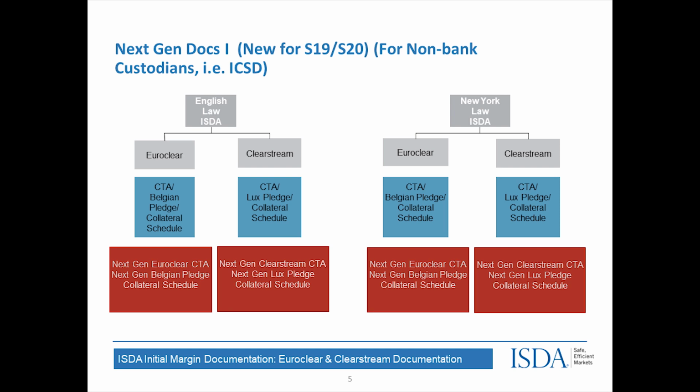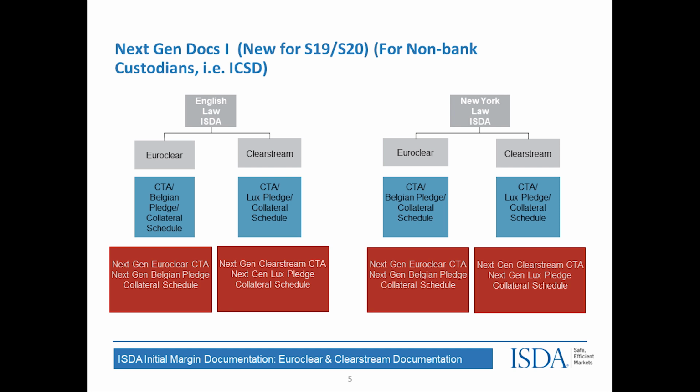And the only difference from what I've just said is that the CTAs you would use would be New York law governed to match your ISDA rather than English law governed. Now, as Paul said, next gen is slightly different, and that's represented by the boxes at the bottom. And people will be aware that ISDA has published French and Irish law ISDA master agreements now.